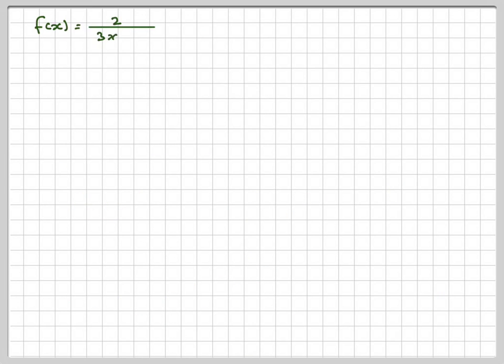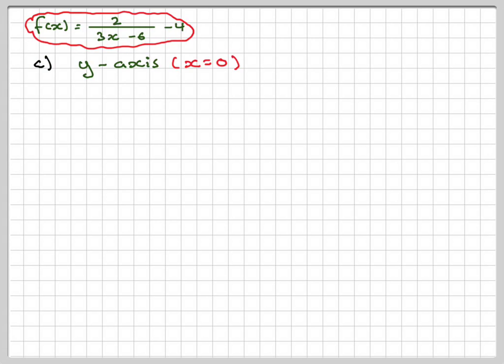Right, for the intercepts, it's easy to find the y-intercept first, because the y-axis is where x is equal to 0. So we take 0 and put it in here instead of x, and we call f(x) y. So we've got y is equal to 2 over (3 times 0 minus 6), take away 4. This becomes 2 divided by minus 6, because 3 times 0 is nothing.